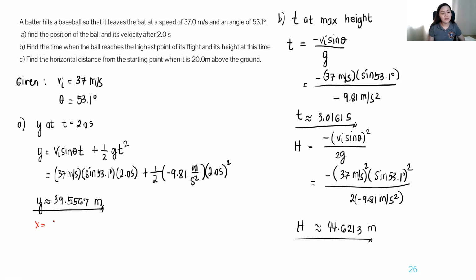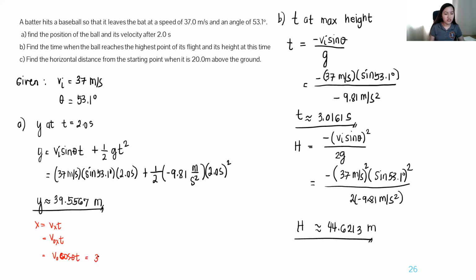X equals vx t. Velocity is distance over time, but vx is equal to vo x, and vo x is vo, that's initial velocity, or vi, I'm using i here, vo, and that's cosine theta t.